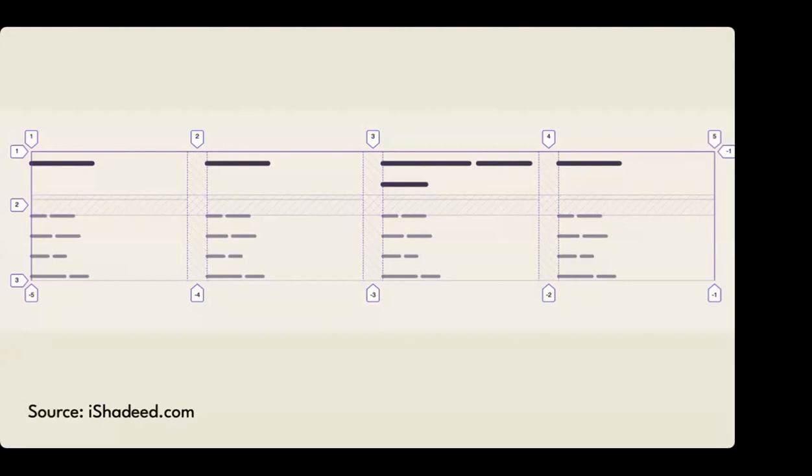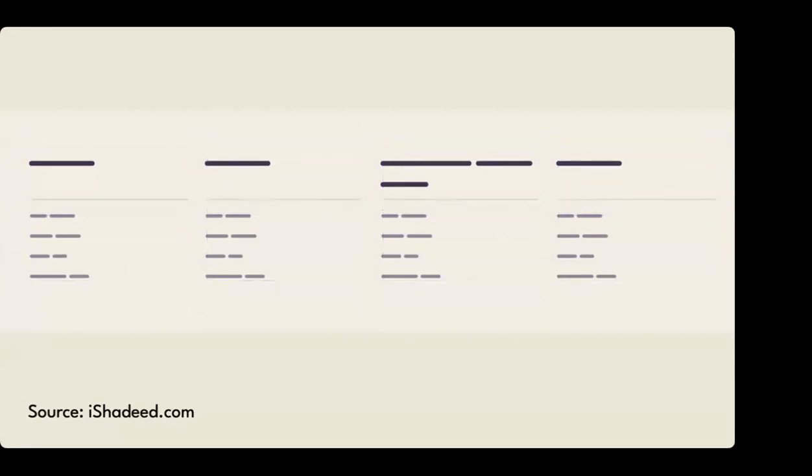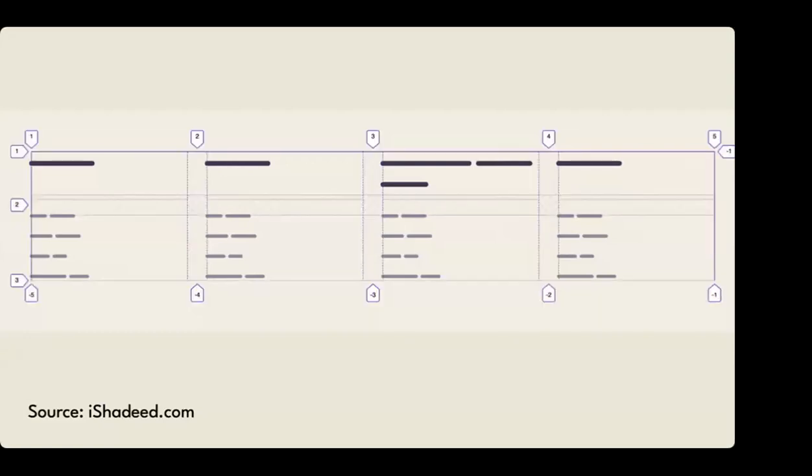As you can see, the third column has a long headline. Without subgrid, the other links will obviously float up, and it doesn't look very aligned. Using subgrid, you can make sure that they all look very aligned. So that's one great use case.